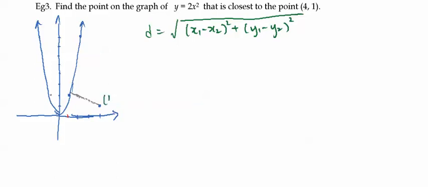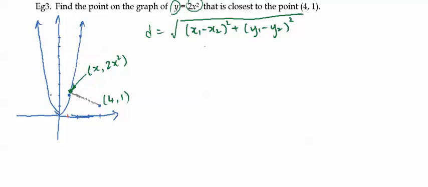We have a point (4, 1). And there is a point that we don't quite know at this time. We have an x coordinate and a y coordinate for this point. For the y coordinate, knowing the relationship between x and y is y equals 2x squared, I can consider the y coordinate of any point on this line to be obtained using 2 times x squared.